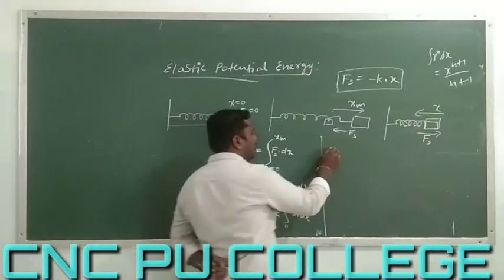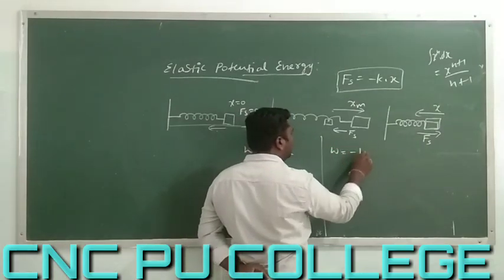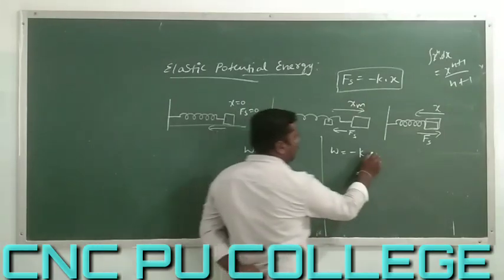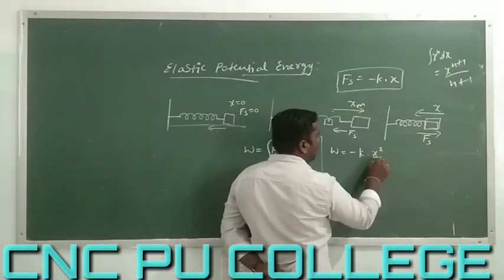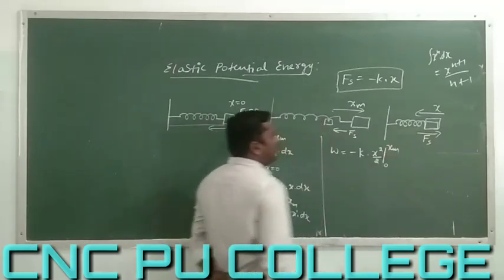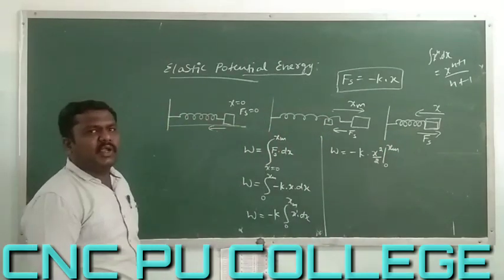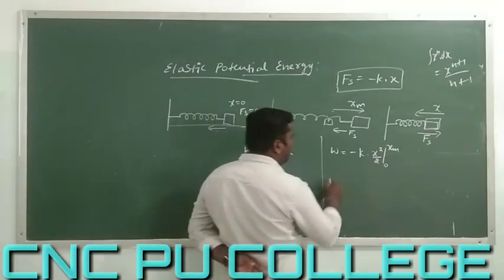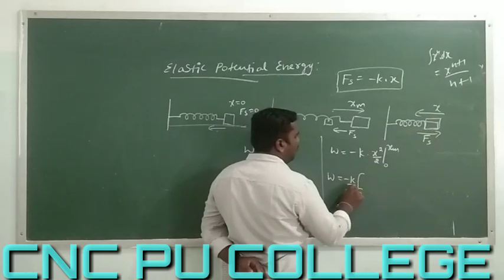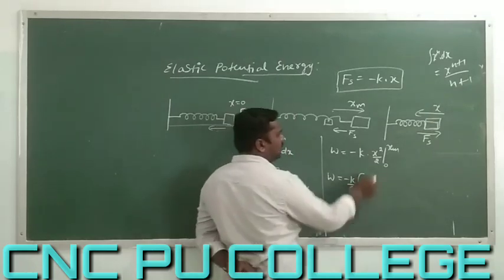Therefore I am writing W is equal to minus k into the integration of x into dx, which is nothing but x square by 2, with the limits from 0 to xm. After integration, we have to apply the limits. If you apply the limits, we get W is equal to minus k by 2, because 2 is constant and just the variable is x.